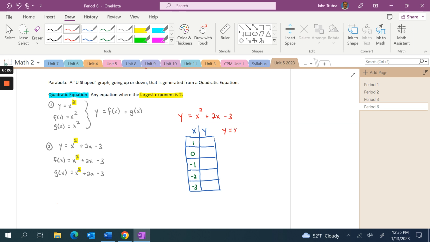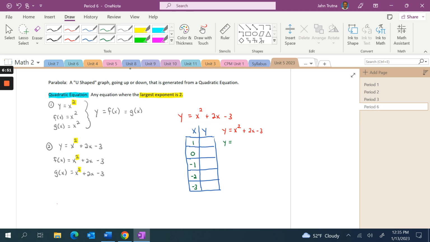So we are going to take the equation that's given to us, y equals x to the second power plus 2x minus 3, and we are going to substitute the number for x, and we're going to start with 1 in the place of the x's in the equation.